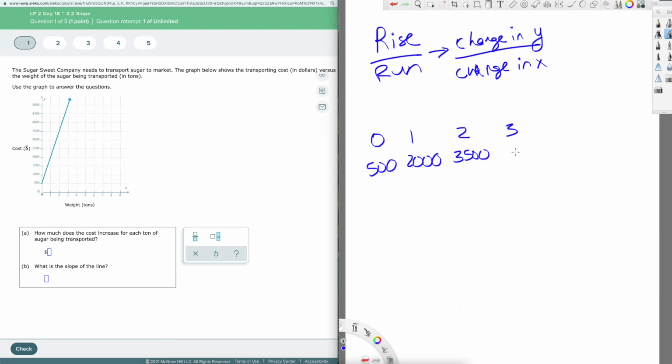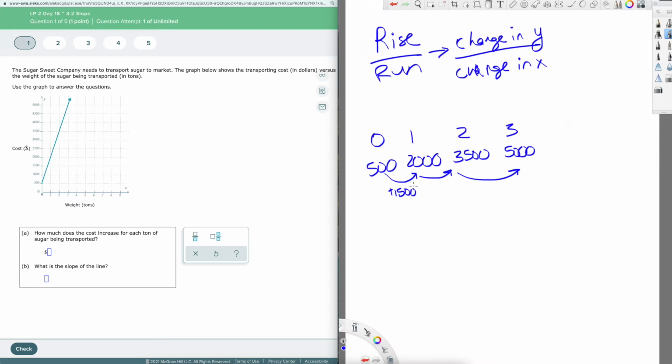So we have at least some data here. And we always want to get it right on the integers, right on the crosshairs here, because we don't want to do any guessing when we're doing this stuff. So we're going to take a look and say, okay, well, what's my change here? How much am I changing each time? Or what is it increasing every time I add a ton? So from 500 to 2,000, I had to add 1,500.